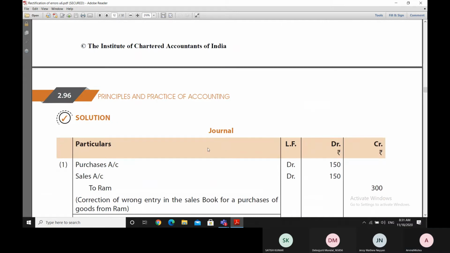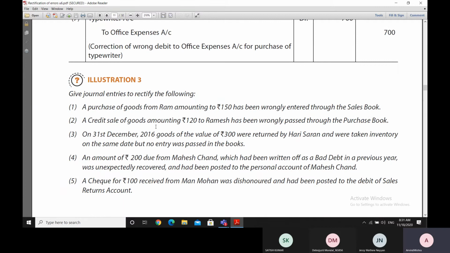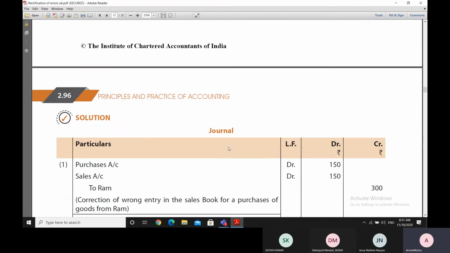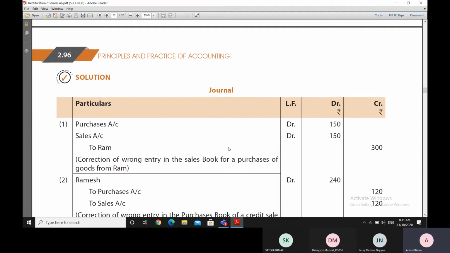So therefore, we are supposed to give the journal entry to rectify it. Since it was a purchase, we debit the purchase account. And we credit Ram, because it was a purchase made from Ram. Therefore, we credit Ram.